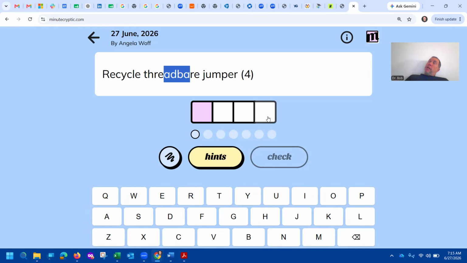So let's try to back solve this again. 4 letter word for recycle. If you recycle something, you use it again, you cycle again, you bike more. To cycle, to loop.